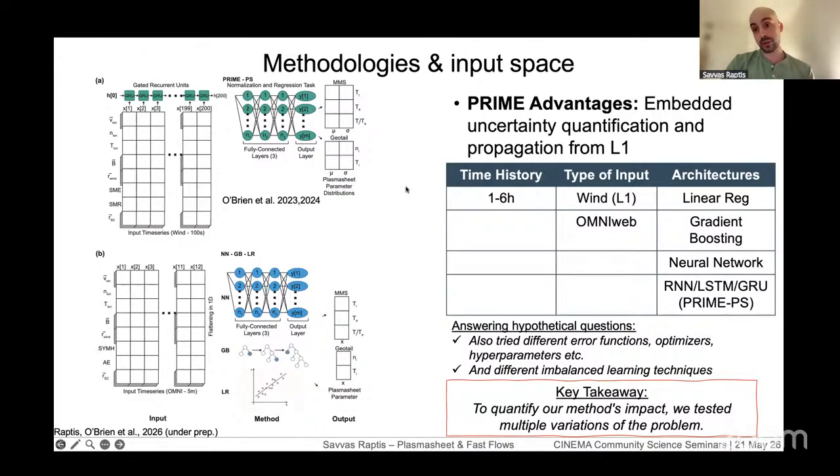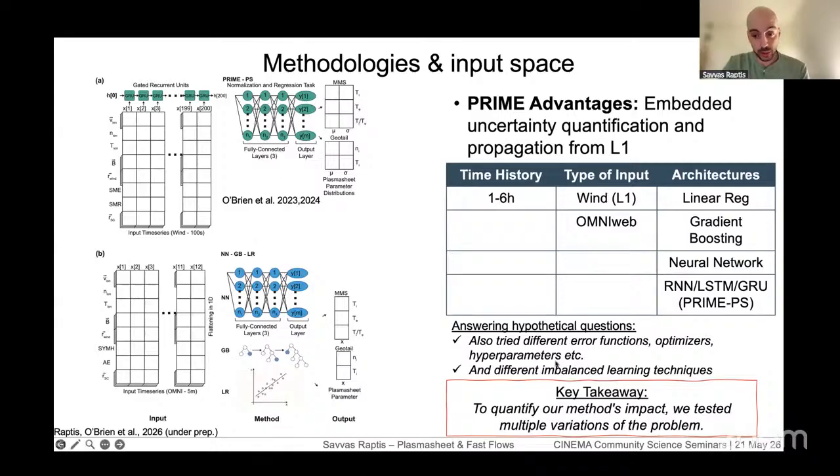This is very nice because, due to this and the fact that it can be trained with a distribution rather than a specific output, it has an embedded uncertainty quantification. So your output is not an actual value, but rather a mean and a standard deviation at that location, which allows, as we will see later, to create, based on the sigma value, an uncertainty of your output and see how well it performs.